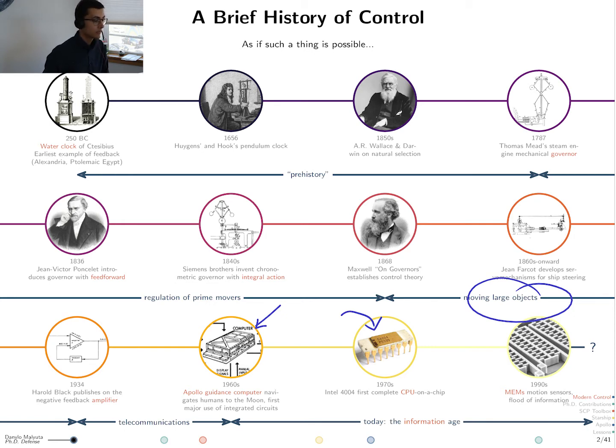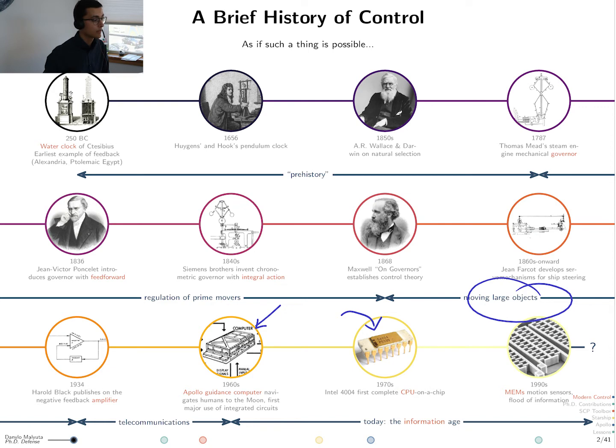In the second half of the 20th century came the computer. And one of the earliest complex computers that were also portable that were developed were actually for spaceflight. It was the Apollo guidance computer that got people to the moon for the first time in history. Shortly after the trips to the moon, there came the CPU by Intel, and shortly after MEMS, or micro electronic machinery technology.